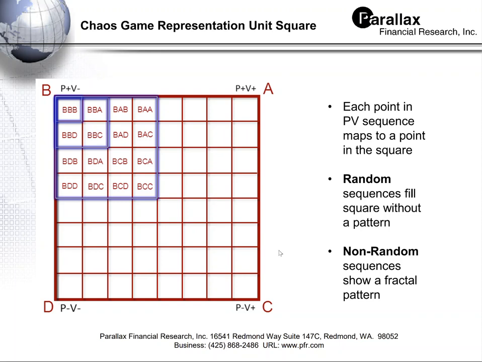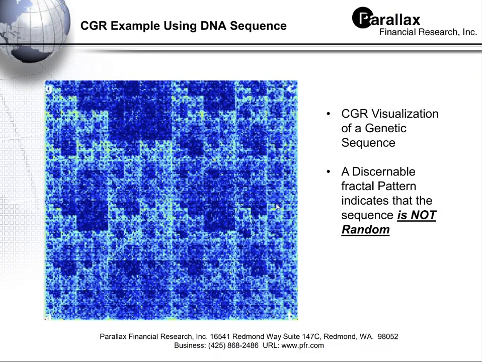Now this was developed for long DNA sequences. It was suggested that DNA sequences could be represented, with 4 amino acids, on a square like this. In the case of DNA sequences, you have a non-random sequence of A, C, T, and G, the different genetic components.